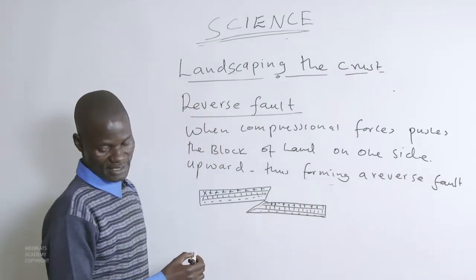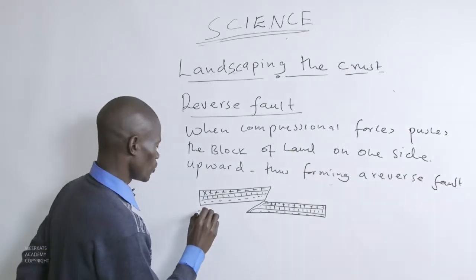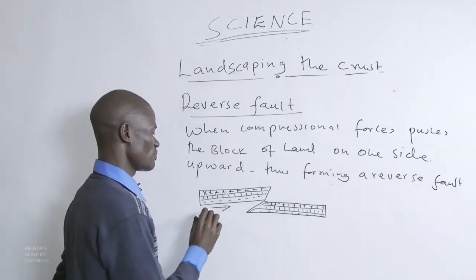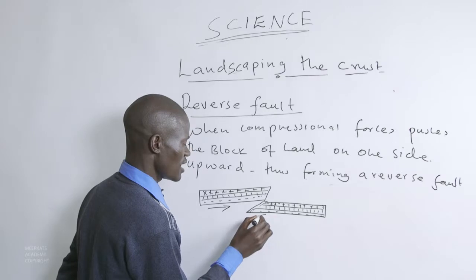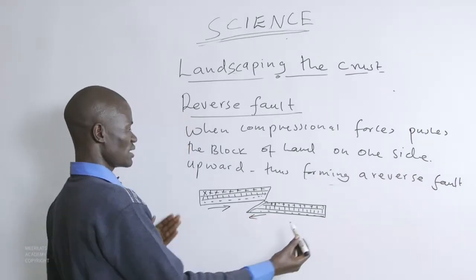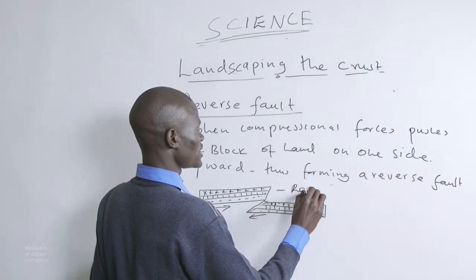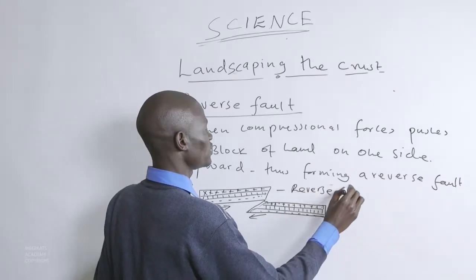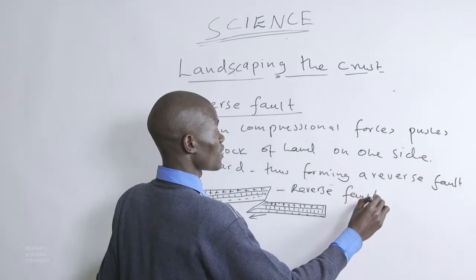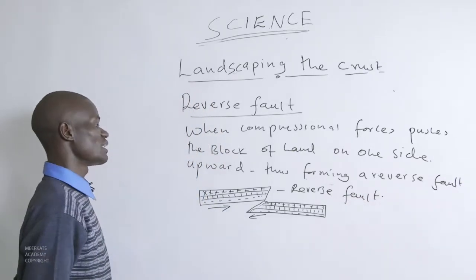Therefore, you will find that when this crustal layer is being pushed above the other, as they slide past each other, it produces what we refer to as the reverse fault. Reverse fault is formed in this manner.